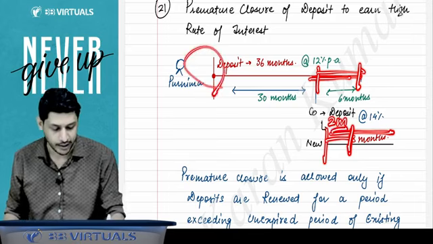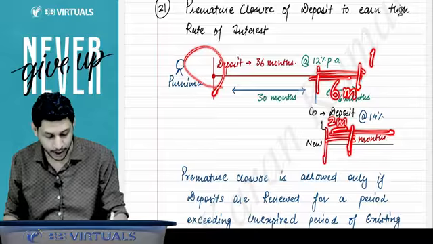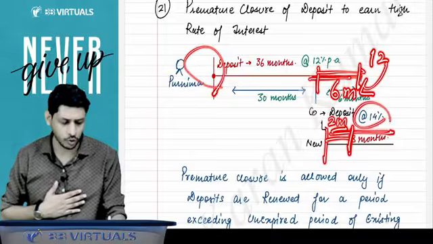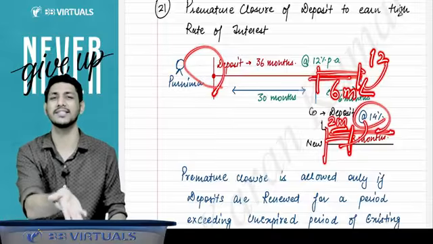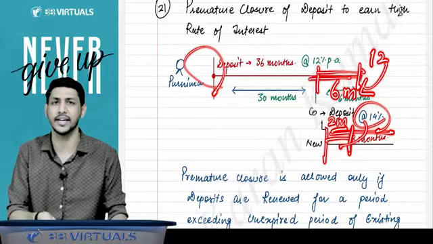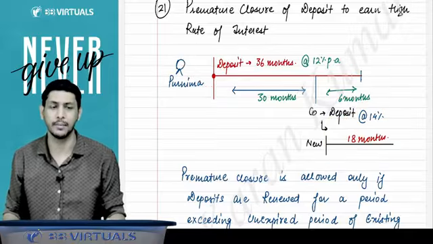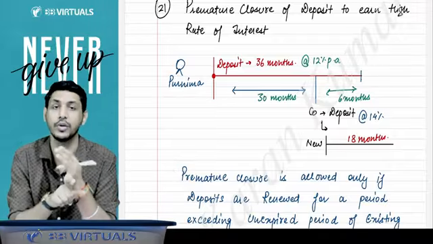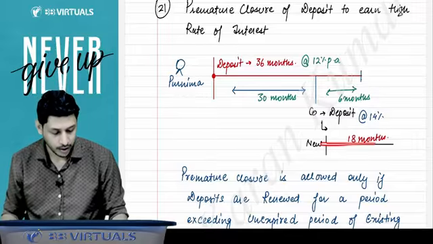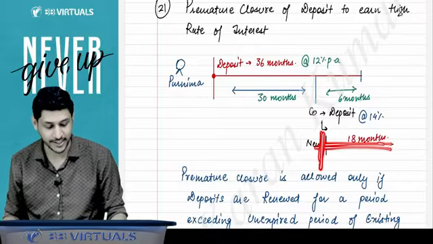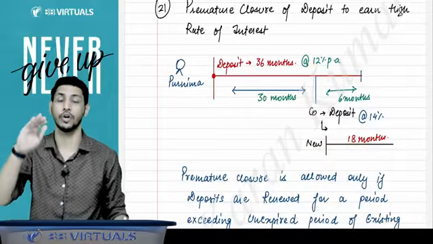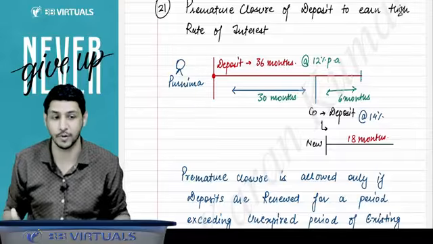Now Purnima is thinking, here she could have earned 12% for 6 months, and she wants to say, no, I want to earn 14%. But there are only 2 months, na. Why are you switching it? You could have earned better here only. So why are you switching? So switching is allowed, but only and only in the case when the tenure of the new deposit is more than the remaining tenure of the existing deposit.